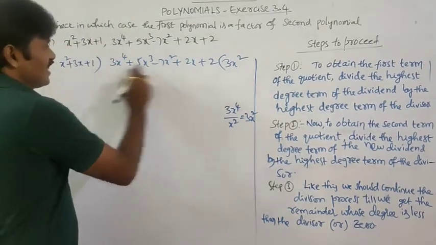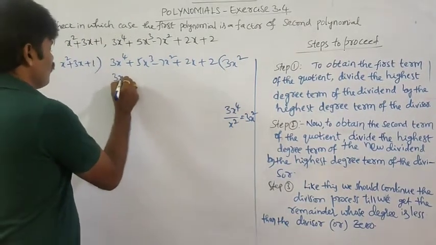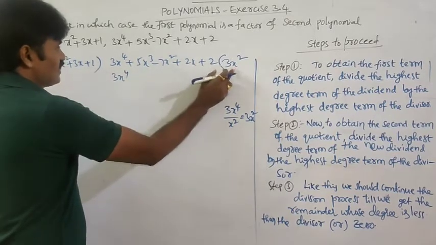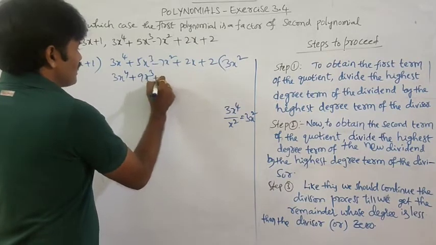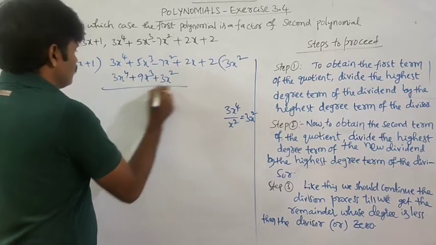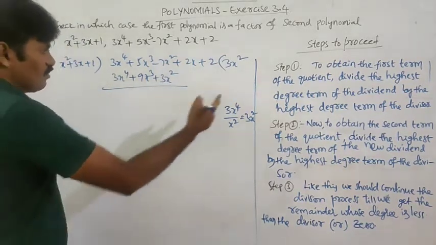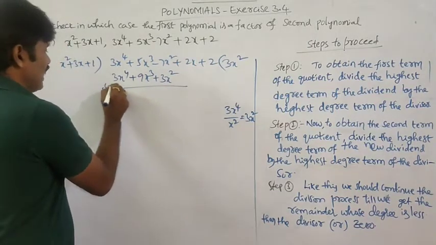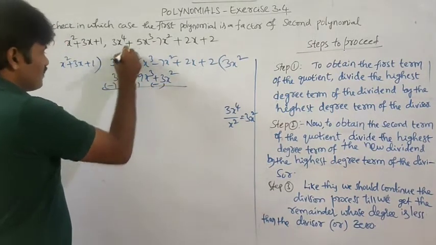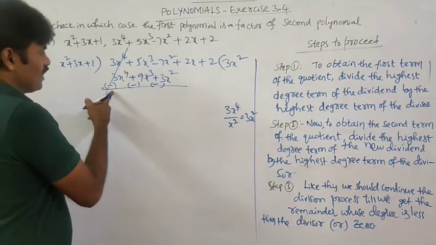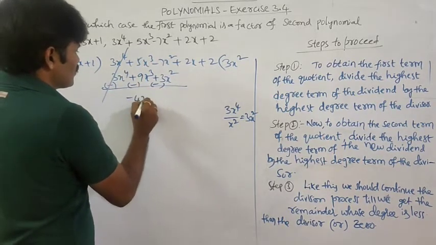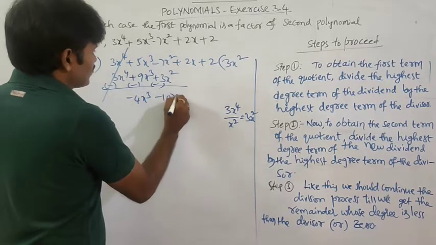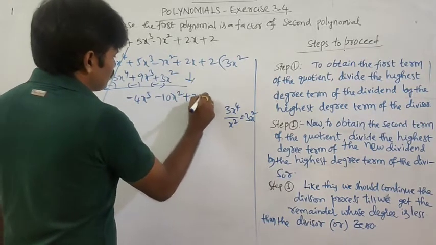Then we get x square into 3x square, 3x power 4, plus 3x into 3x square, plus 9x cube, plus 1 into 3x square, plus 3x square. Now we continue the division process, that is subtraction. Signs will change, and plus 3x power 4 minus 3x power 4 gets cancelled, plus 5x cube minus 9x cube gives minus 4x cube, minus 10x square, bring down the next term plus 2x.